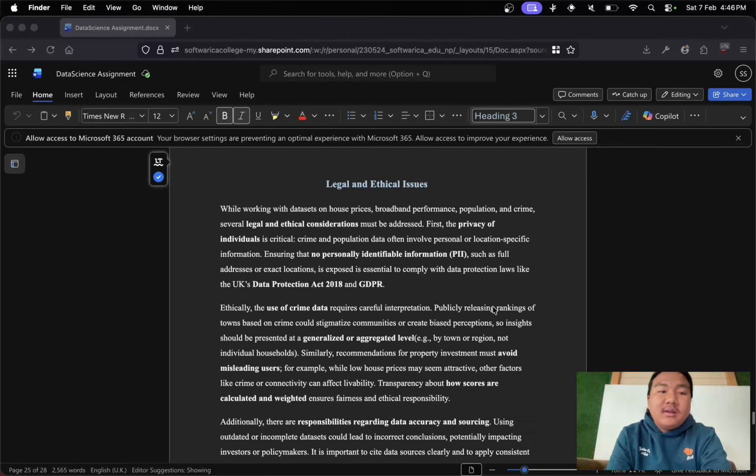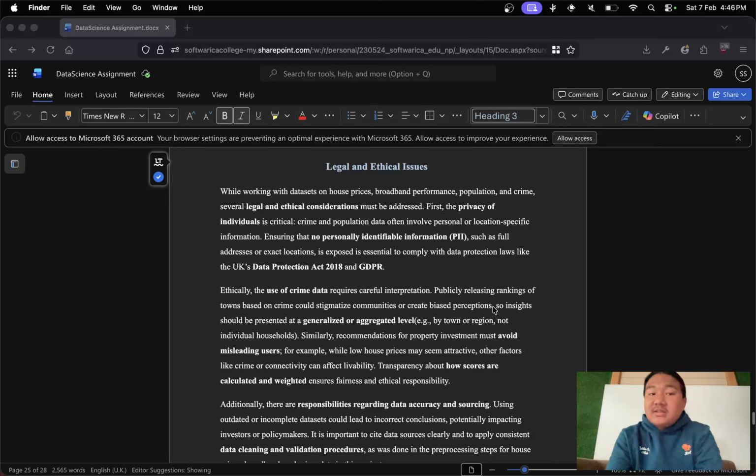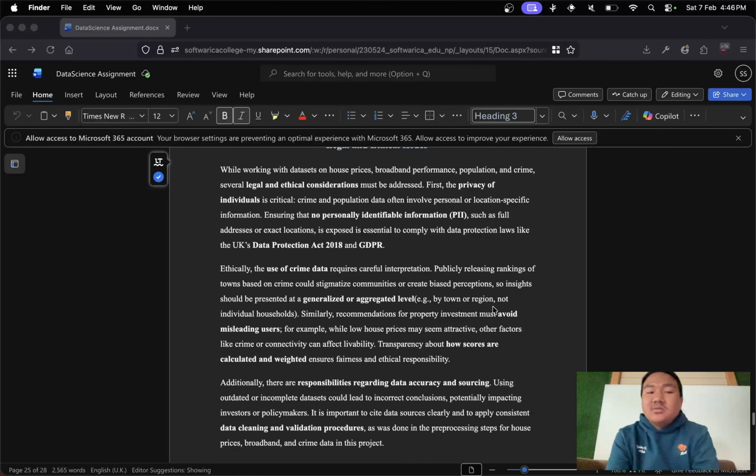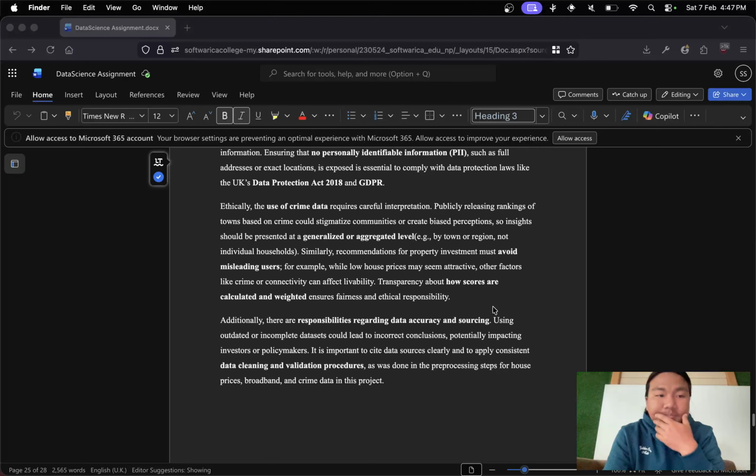And for the legal and ethical issues, while working with data sets, several legal and ethical considerations were taken into account. Privacy: crime and population data may contain sensitive information, so no personally identifiable information was exposed. Ethics: crime data could create a negative perception of communities if misused, so results were presented at a generalized town level.